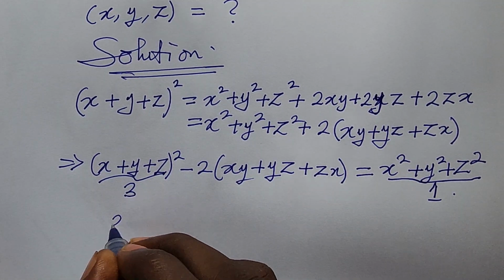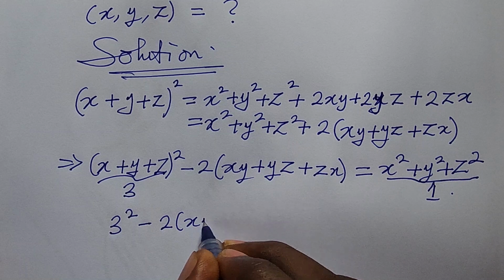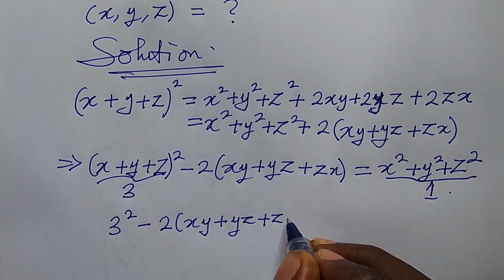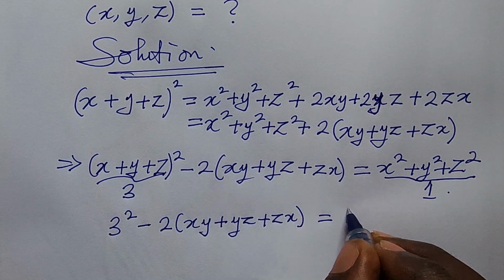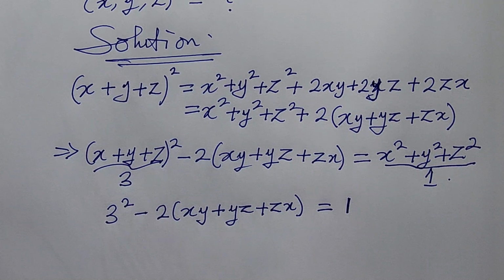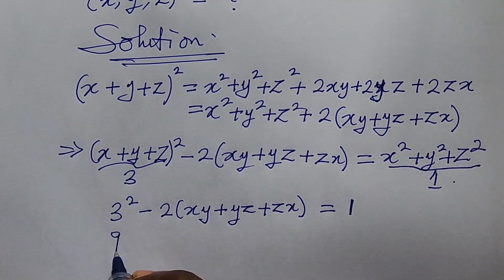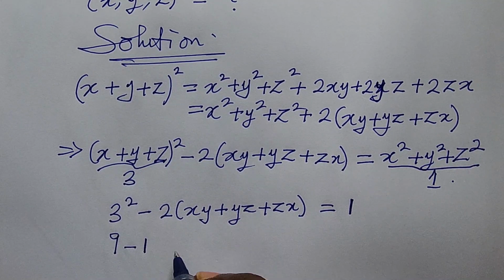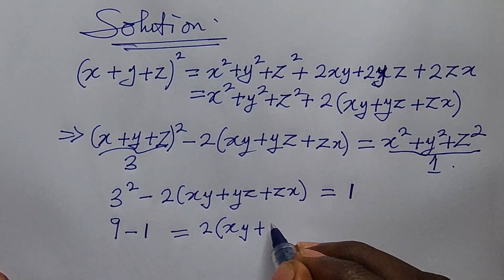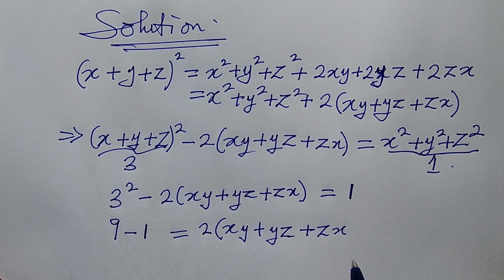So let's go ahead and substitute. This will now give us 3 squared minus 2(xy plus yz plus zx) equal to 1. This will give us 9, right? So we move the 9 to this other side, so we have 9 minus 1 equal to 2(xy plus yz plus zx).